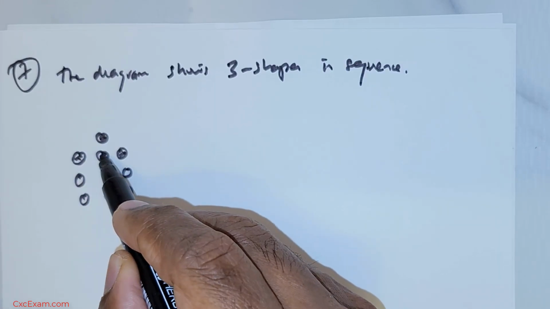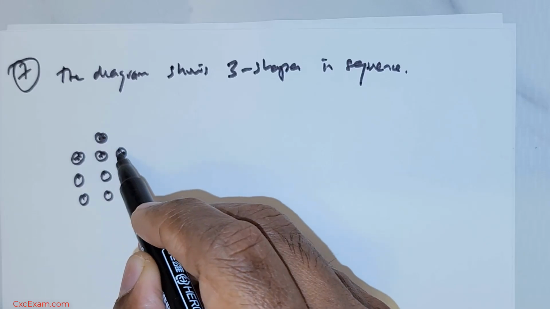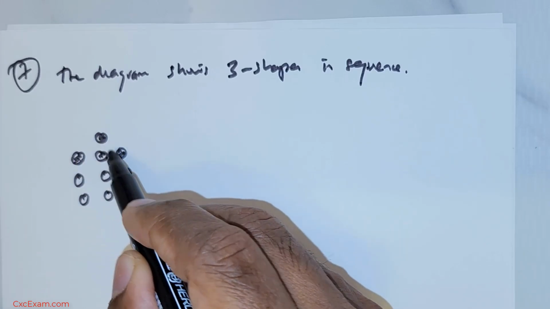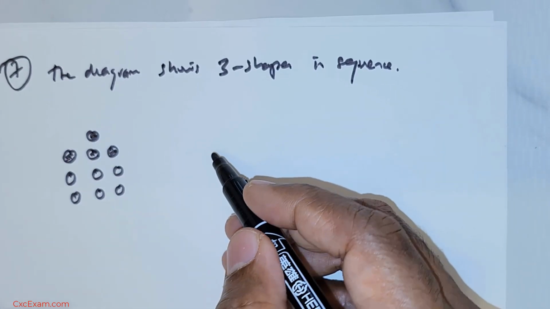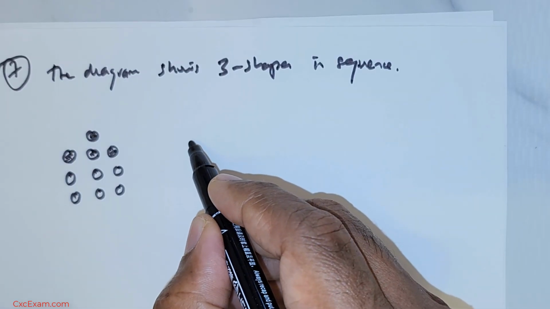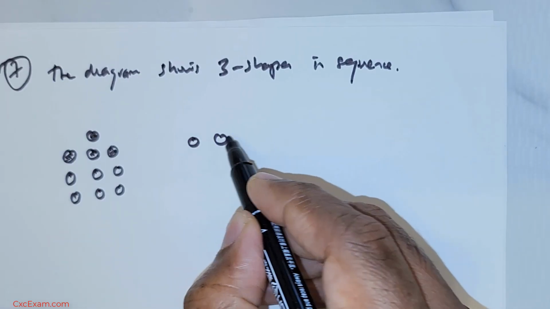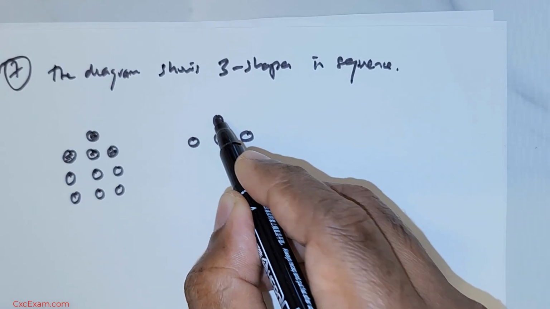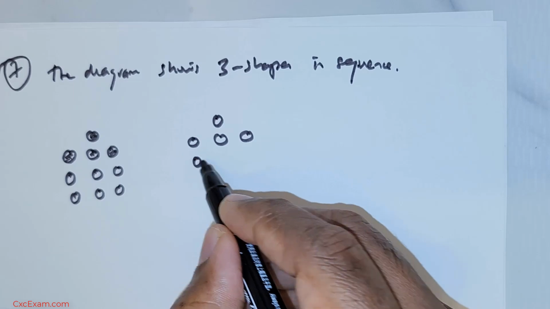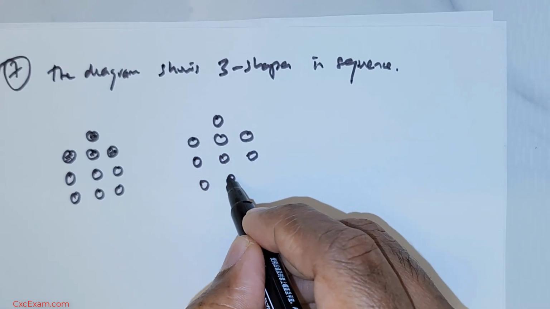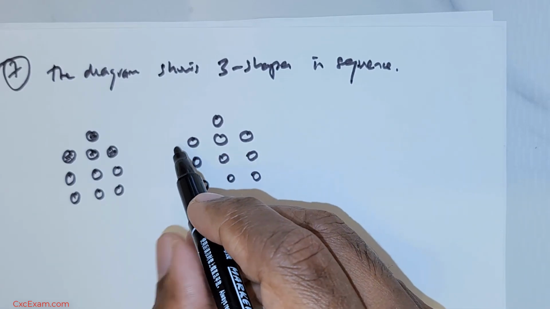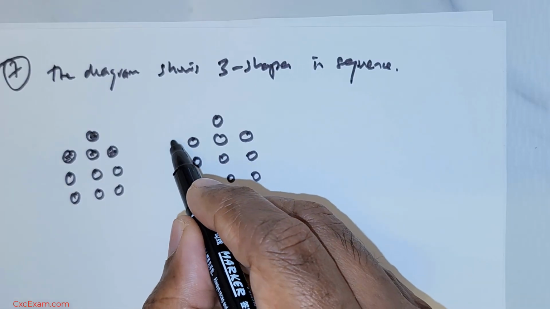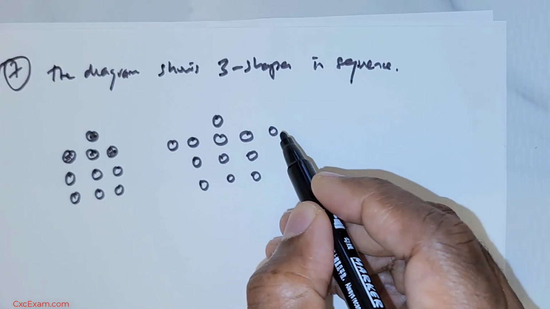Now clearly you can see here you have this triangle. Now you will have to have this as your base, the 4 circles on the top. So what I'm going to do is draw the circles 1, 2, 3, and then there is this top one, and then 1, 2, 3, 1, 2, 3. So now for the next figure, you will have to add one circle extra.